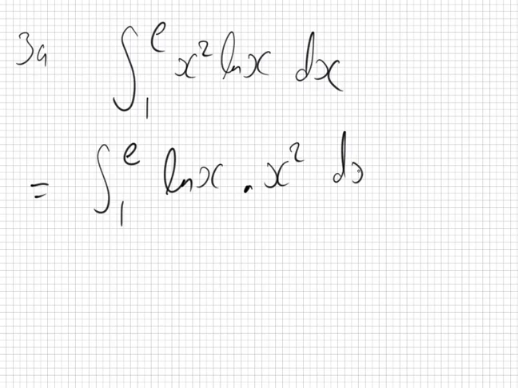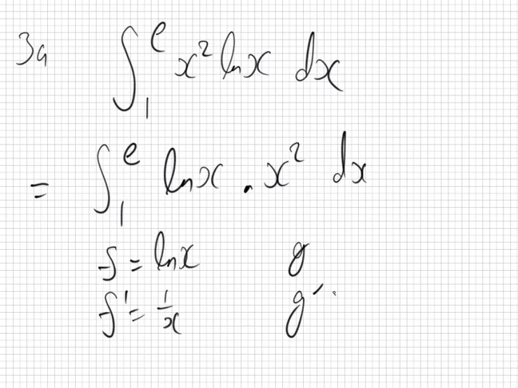Now in fact I believe I only need the rule once here. So the rule is, well firstly let me write them down. F, derivative, G, derivative. So it's log x, 1 over x, x squared, and then here it'll be x cubed over 3.